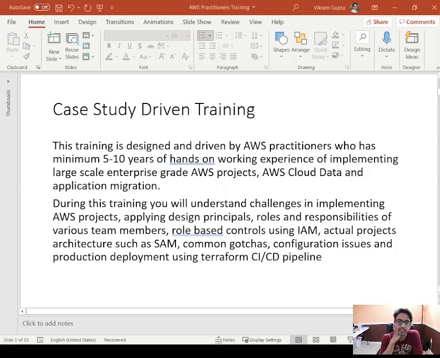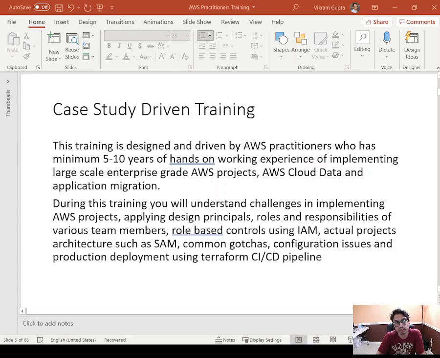Like I said, these case studies are real practical case studies, projects that have been implemented on AWS cloud. That includes data migrations, application migrations, or actual new AI/ML driven projects.